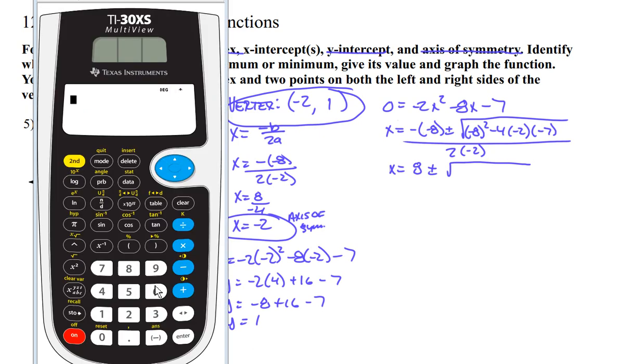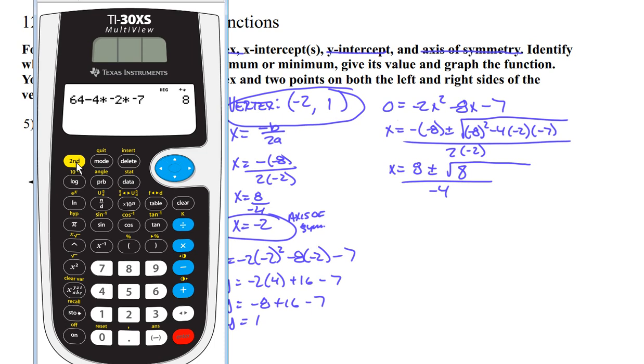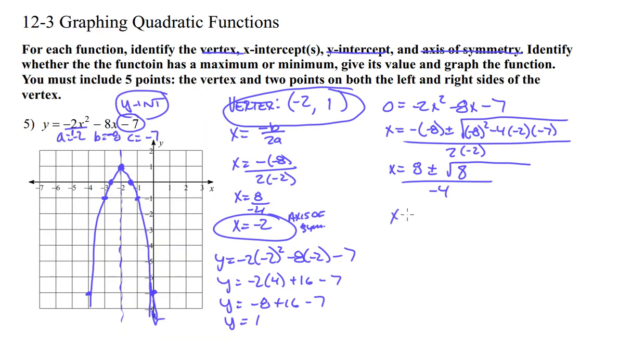Negative 8 squared is 64, minus 4 times negative 2 times negative 7, and that gives us 8. 2 times negative 2 is negative 4. The nice part is the square root of 8 is just going to be 2 root 2. You do not need to have known that, but just showing, there we go, 2 root 2. So we get x equals 8 plus or minus 2 root 2 over negative 4.